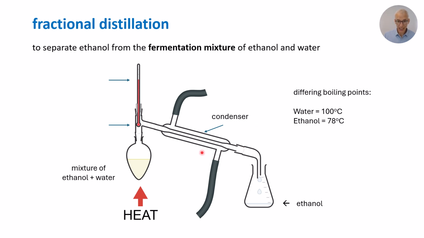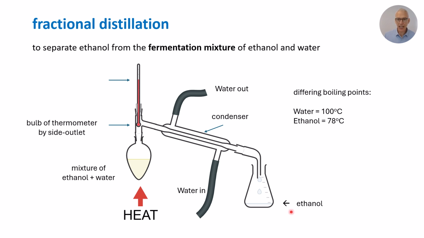For these water inlets and outlets, which way round is it? Which has water in and which has water out? So water in at the lower inlet and out at the upper. Additionally, notice the position of the bulb of the thermometer opposite the side arm.